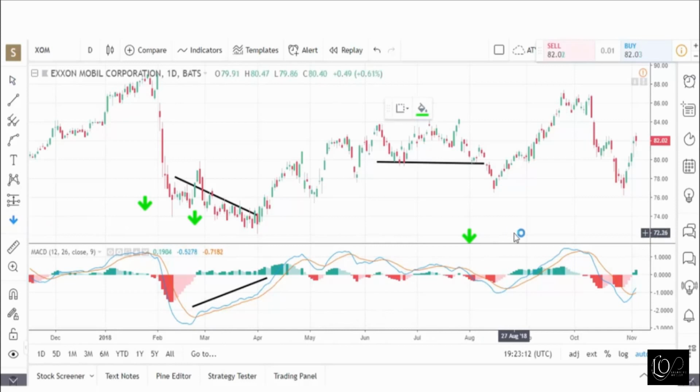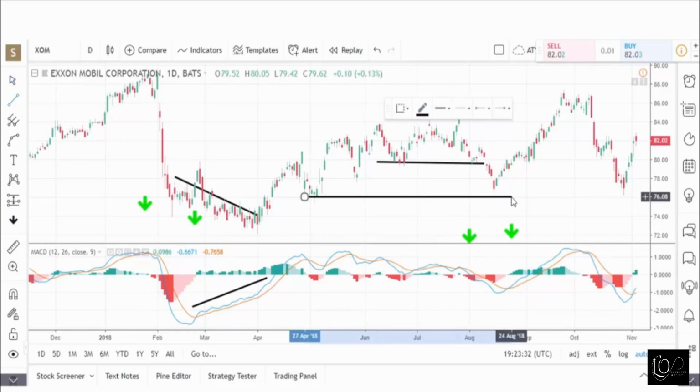So with this buy signal, if we had taken a short position here, we'd be ready to exit that position and perhaps ready to go long, as the stock had almost touched a major support level here, dating back to May. So we have a major support level combined with a buy signal in the MACD, which again would have us exiting our short position and possibly taking a long position.